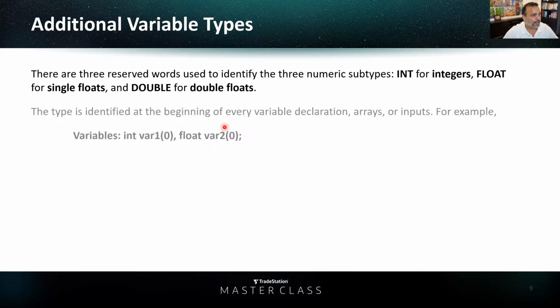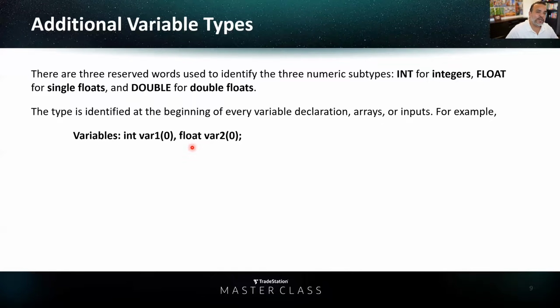Okay. Let's see, the type is identified at the beginning of the variable declaration. So you have the variable declaration. Notice how this is an int var1, 0, a numeric variable that is going to be an integer, or a numeric variable that is going to be a float. So the typing of the variable goes before the variable name. Required? No. Necessary? Sometimes. Depends on what these values will hold.